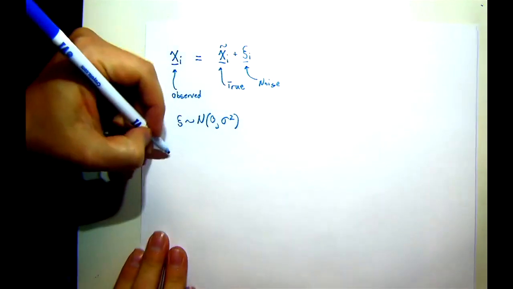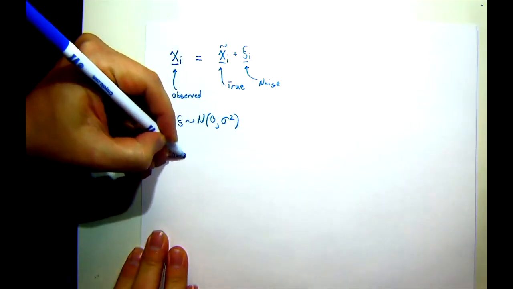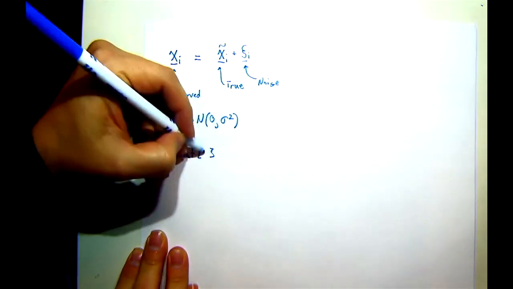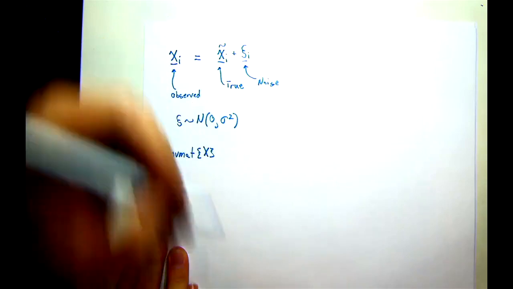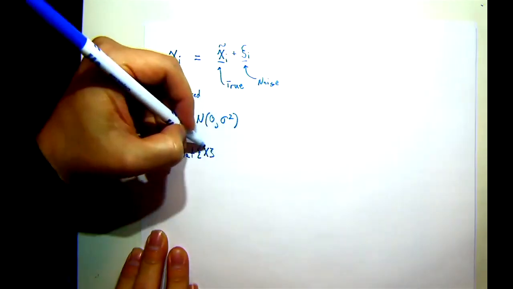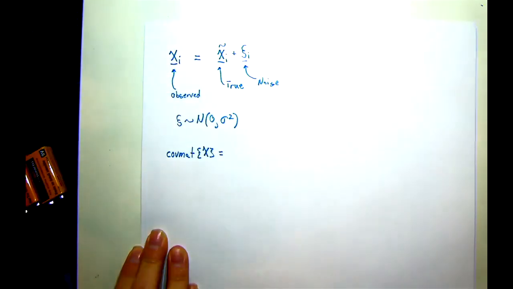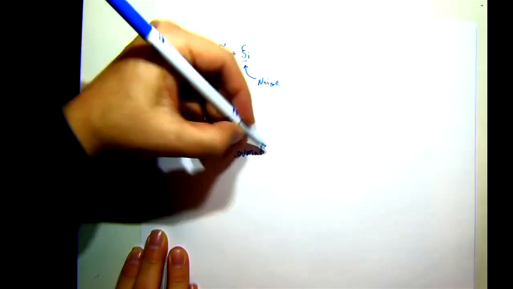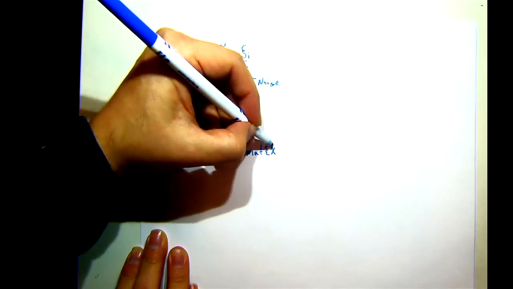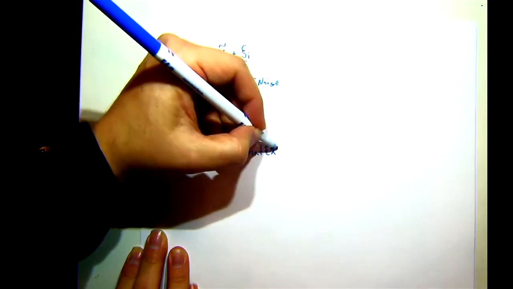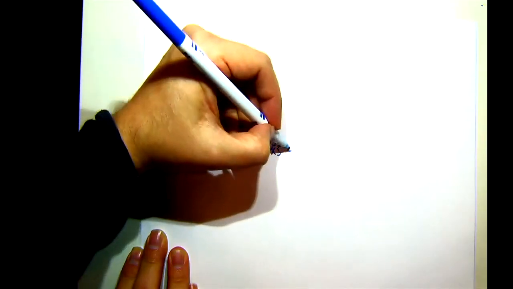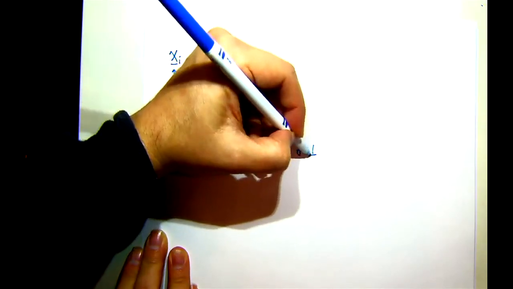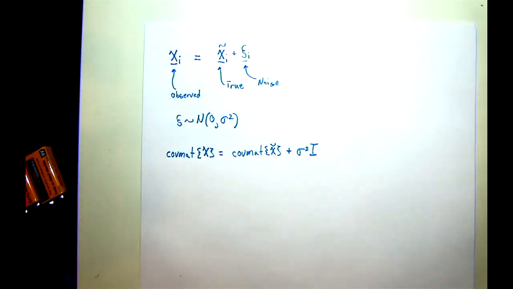If we look at the covariance matrix of our x, this is going to be equal to the covariance matrix of our x tilde, plus our sigma squared identity matrix.